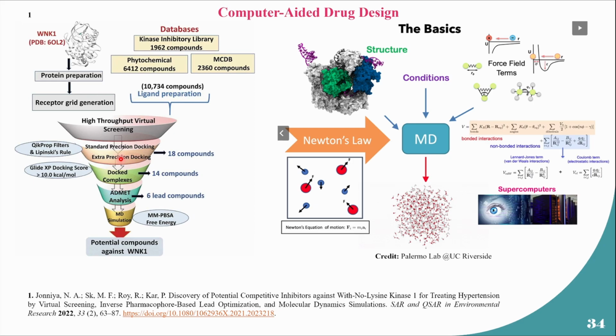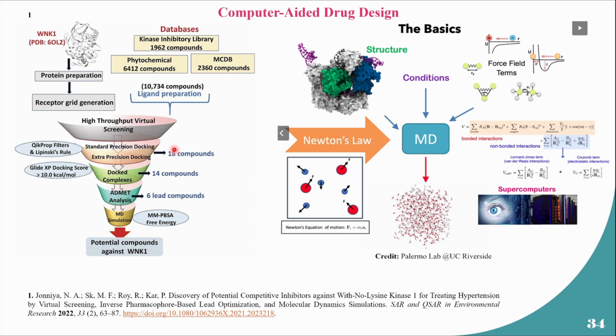In Schrodinger Glide, the first 10,734 compounds had to be docked using the high throughput virtual screening protocol. In the next stage, from high throughput to standard precision, we had a much lower number of compounds, which could be used in a more extensive algorithm.